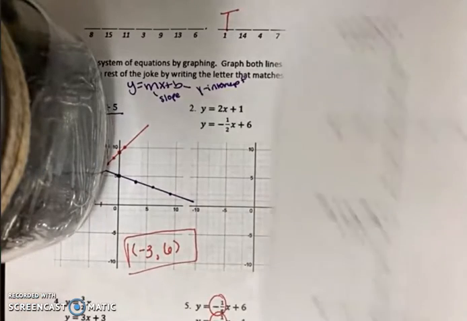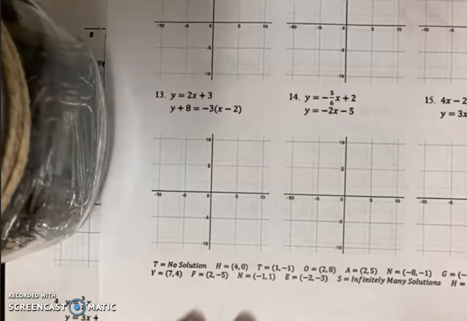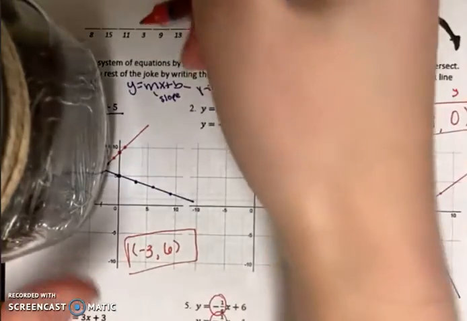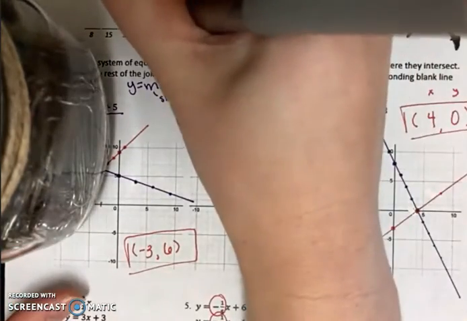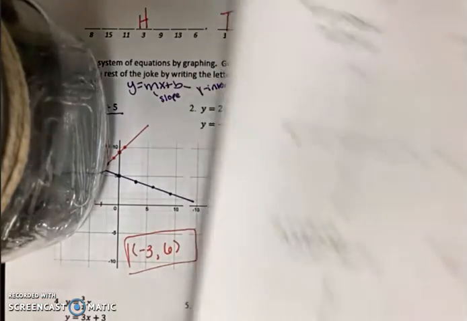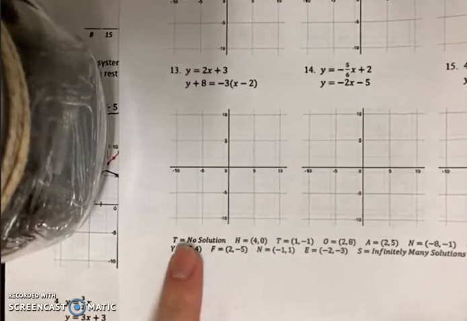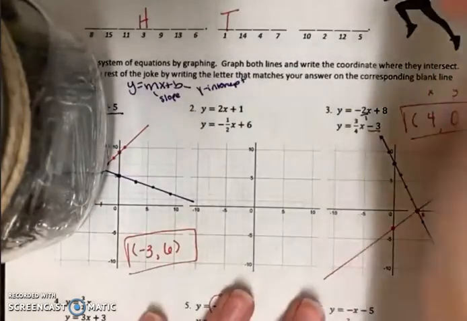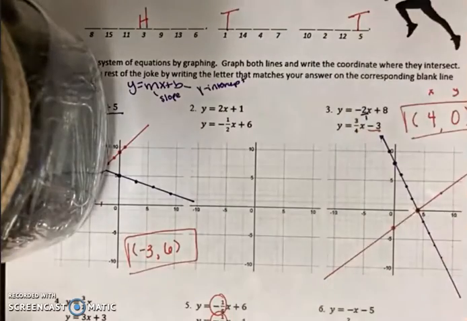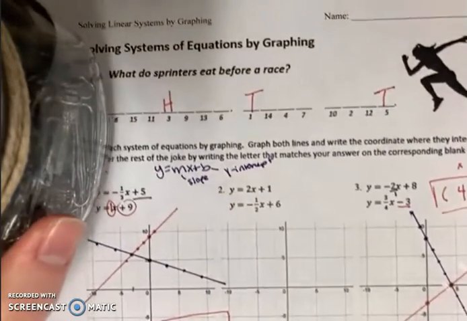If we take a look here, 4, 0 is h. So 3 is h. Here it is right here. And then lastly, we found out number 5 was no solution. No solution corresponds to t. So 5 is t. This is what we have so far.